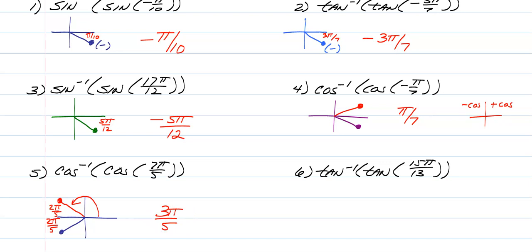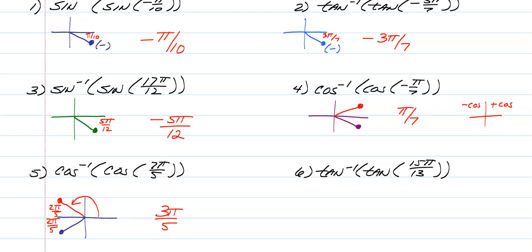Remember, inverse cosine is either, in quadrant 1, the reference angle. In quadrant 2, it is 180 degrees, or pi minus the reference angle. Okay, so that might be the hardest example of these notes.